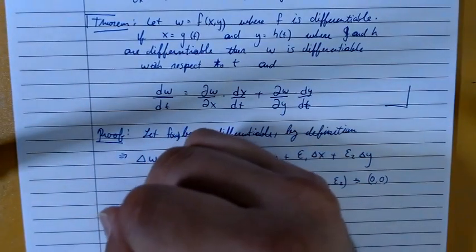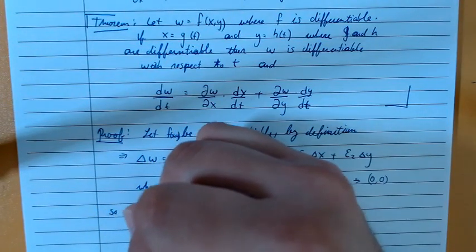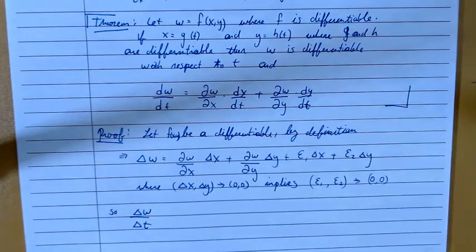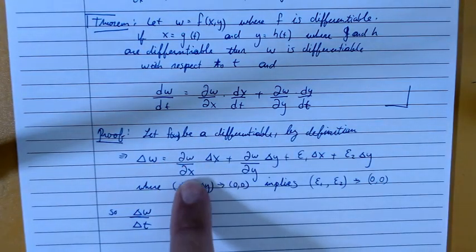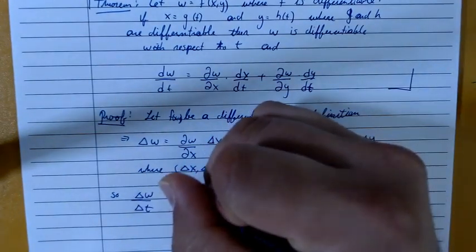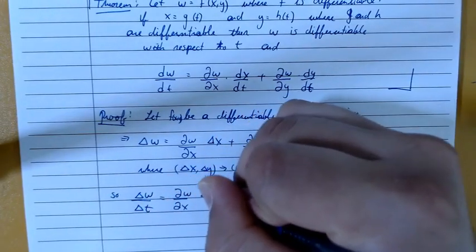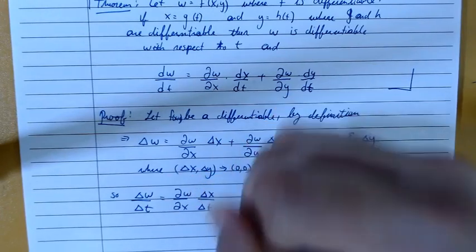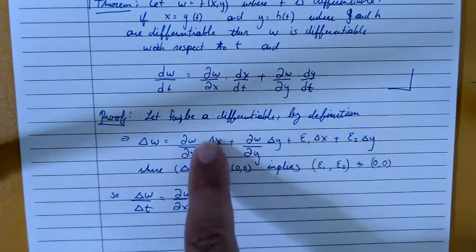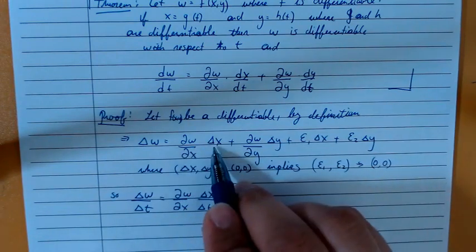Okay, so what do we mean by this expression, delta W over delta T? Well, that would be the same as this expression, where everything's being divided by delta T. So that would give us del W del X over delta T. If we're dividing this side by delta T, that means each of these gets divided by delta T. So that's this times this.